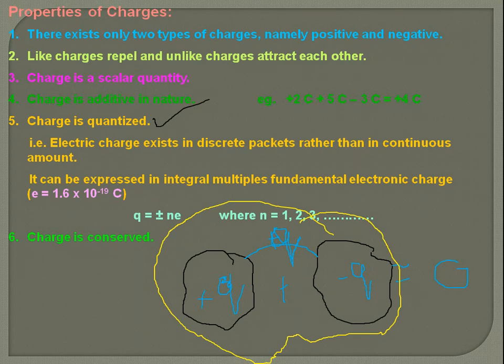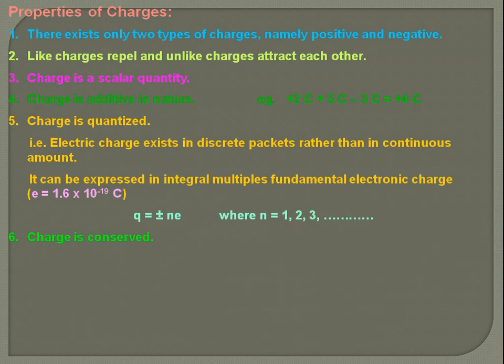I hope this is clear to you. It is a very important property of charge. The charge will not be eliminated, only its energy can be taken. You cannot destroy a single coulomb of charge. What you can destroy is its kinetic energy. You can just transfer the energy from one body to another.